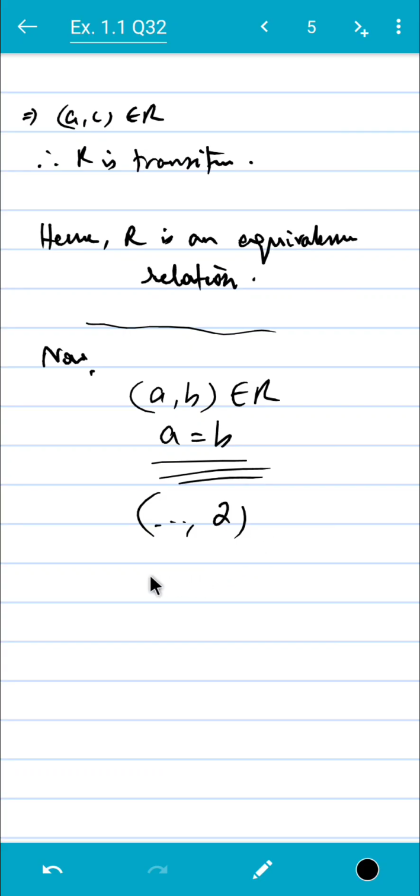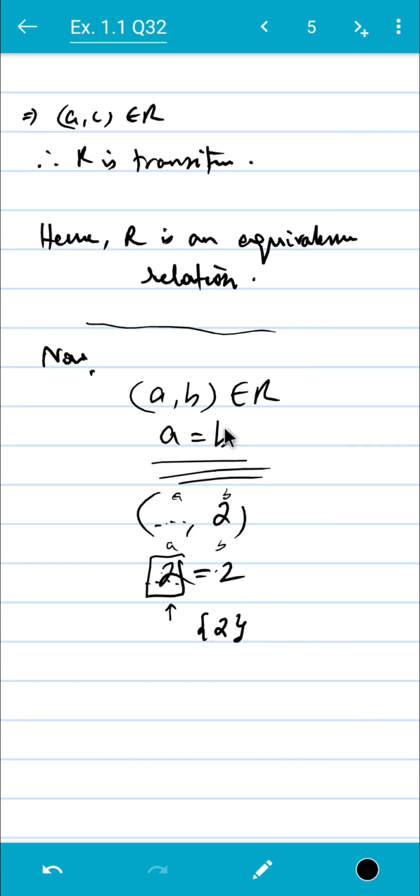That means what is that number here that will be equal to 2? So what is that number that is equal to 2. Obviously it's just 2 itself, nothing else, right? Not 5, not 7. So in this question here, the set of all elements that relate to 2 is only the singleton set {2}. So only the element 2 relates to 2.